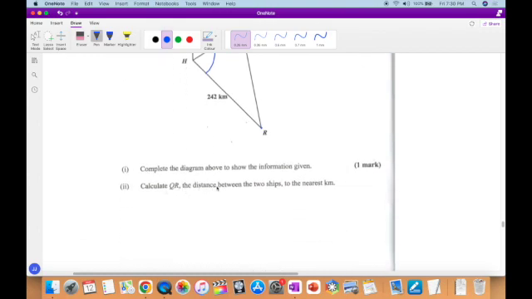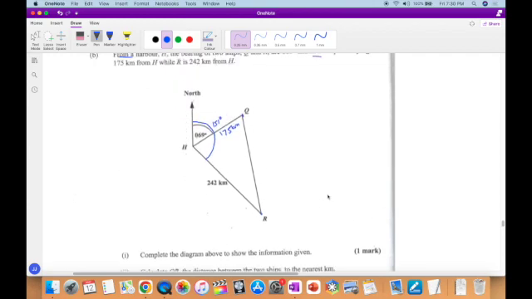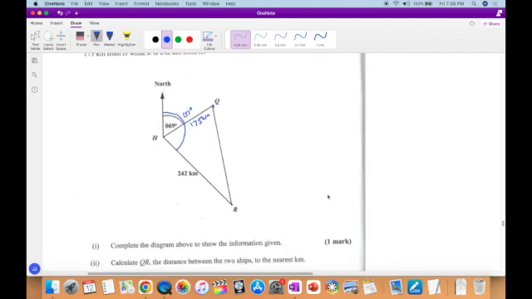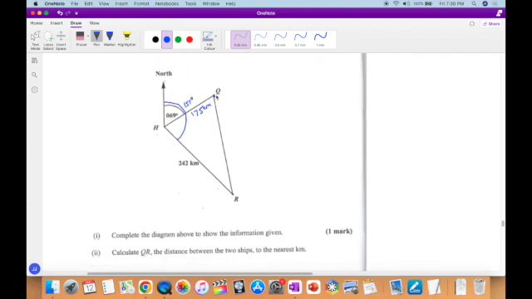Calculate QR, the distance between the two ships, to the nearest kilometer. QR is this distance here. Now, since I have these two, that means that I could find this little angle over there, and that's 151 minus 69, which is 82 degrees.